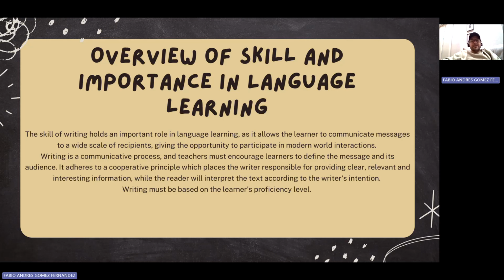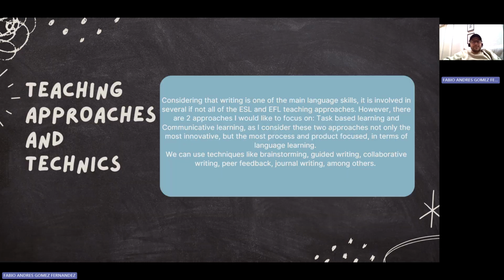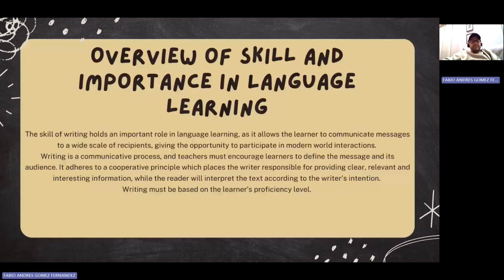Developing the writing skill properly is going to be very important for professionalism. And writing is a communicative process, and we as teachers must encourage learners to define a clear message and the audience that this message is going to affect.